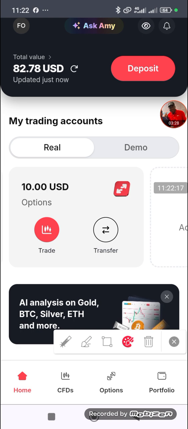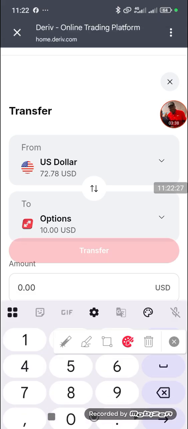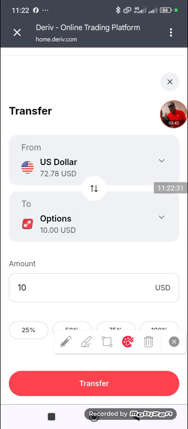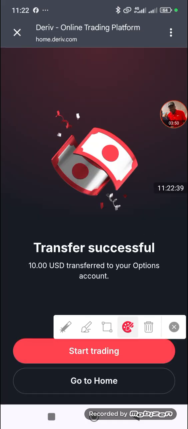You can do the transfer from these options by clicking here. For instance, it's $10 you are seeing there. I can move $10 into my options trading account, and I say confirm. Can you see it has moved there?